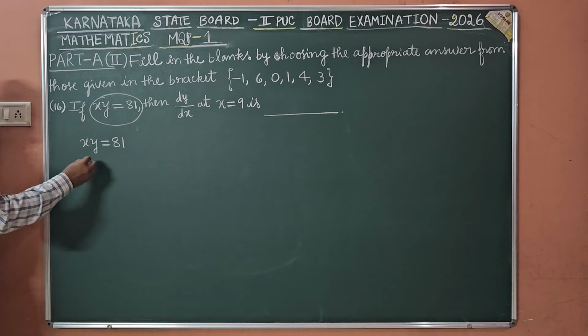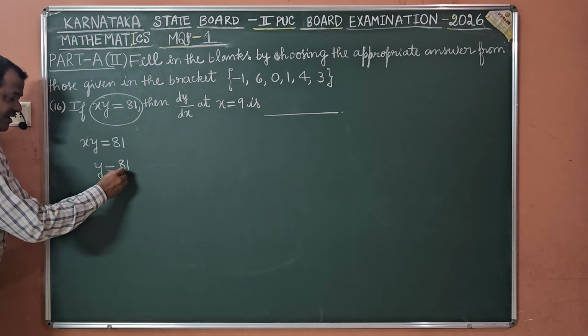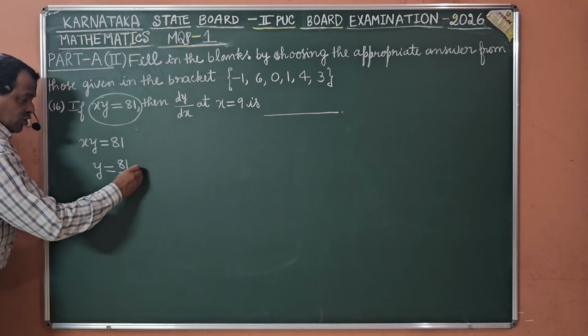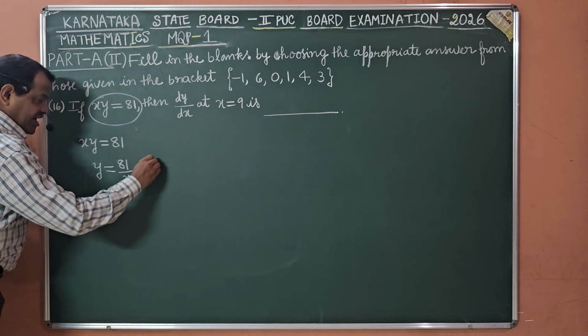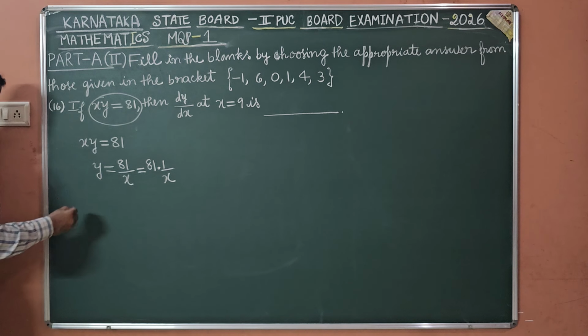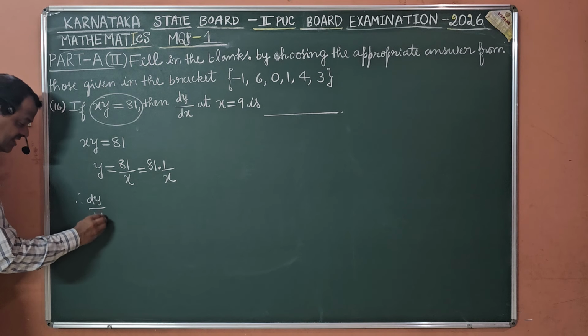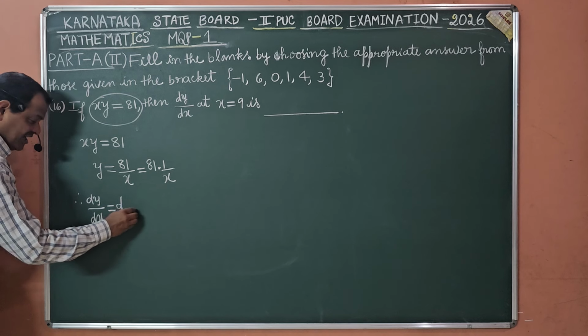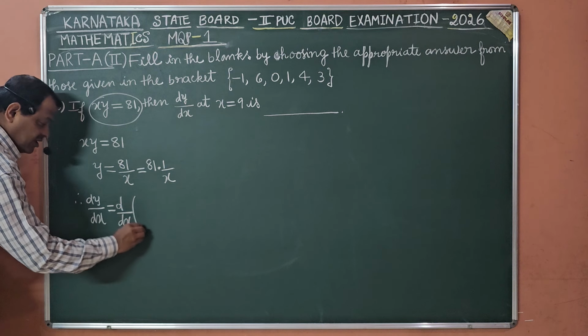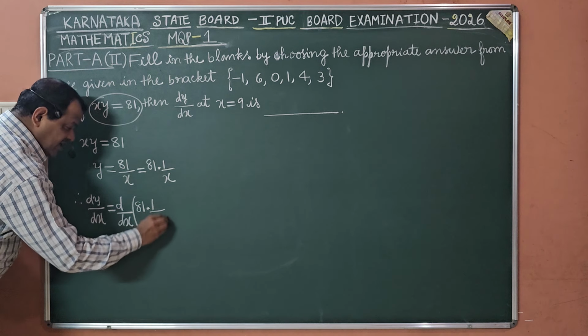And before I could differentiate, let me write y is equal to 81 by x, which I can write 81 into 1 by x. Now, dy by dx is equal to d by dx of 81 into 1 by x.